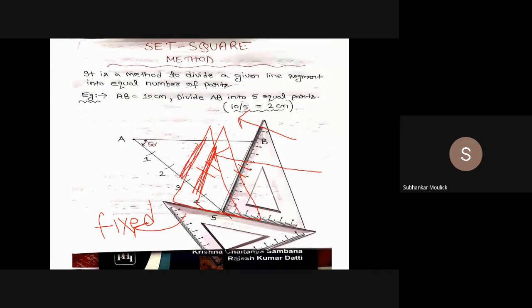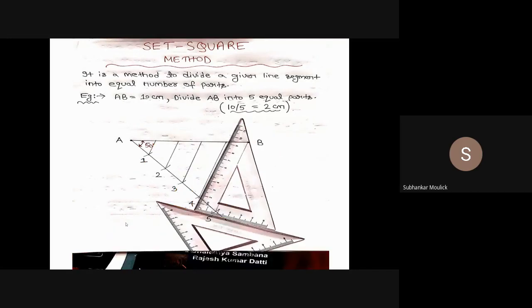This line again will be parallel to line 4 dash and 5 2B. You have to repeat this till the first point. If you do this process simultaneously, you will get these kind of lines. Is it clear?